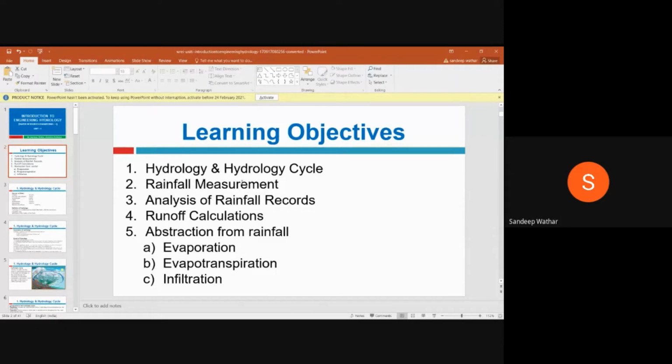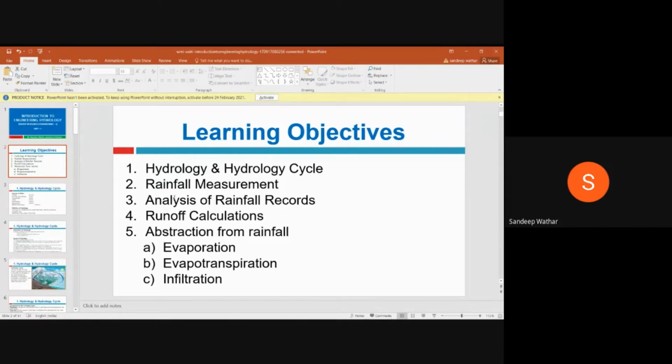That's why we usually use precipitation and rainfall as synonymous. We'll try to understand how we measure precipitation, how precipitation occurs, and all those things. Then we'll analyze the rainfall records. I'll let you understand how rainfall is recorded, and I would like to briefly show you that there are some government websites from where you can directly collect the data also. I'll show you that later.